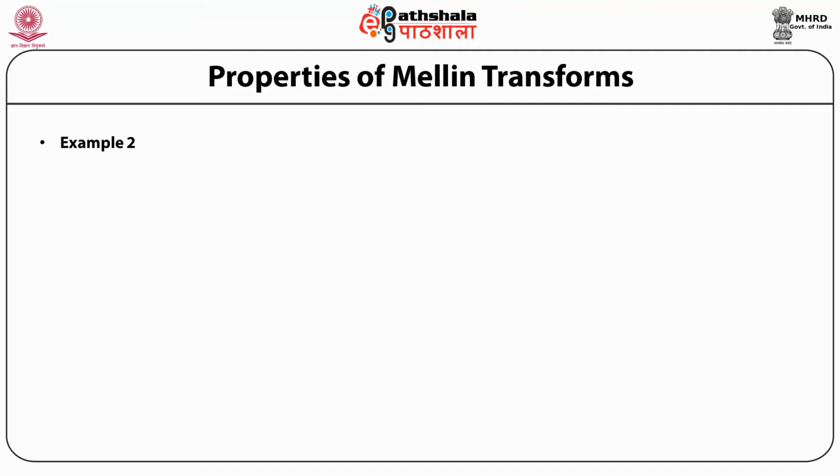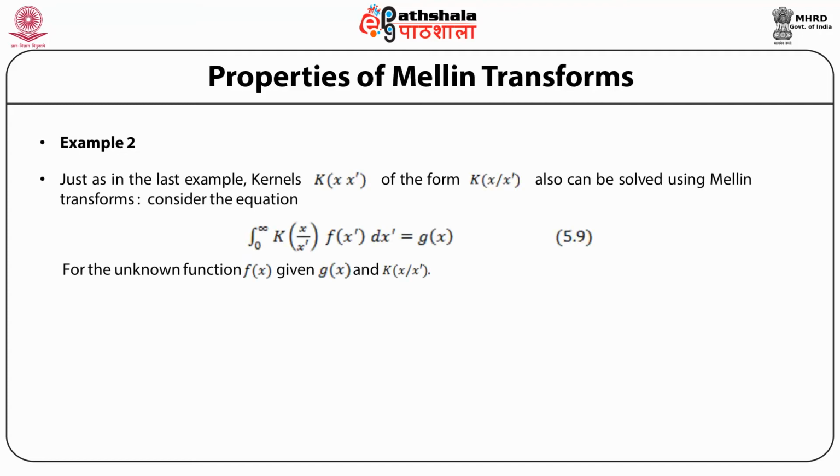I give another example. Just as in the last example, the kernel k, which is a function of variables x and x prime, is of the form that k is a function of x divided by x prime. If you have a situation where k is a function of x divided by x prime, then such an equation can also be solved using Mellin transformation.